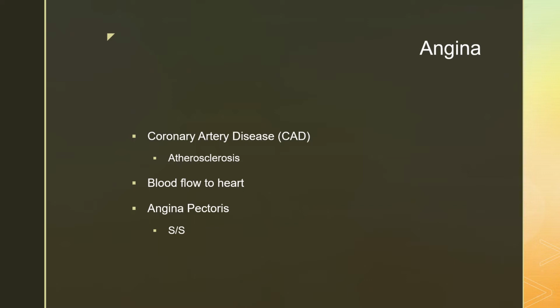For women, you might see gastric distress, nausea, vomiting, fatigue, sweating may be more common. So when you're thinking about genders and the classic, I'm having chest pain, please know that the female gender sometimes doesn't manifest the way that you would think would be a textbook classic presentation.